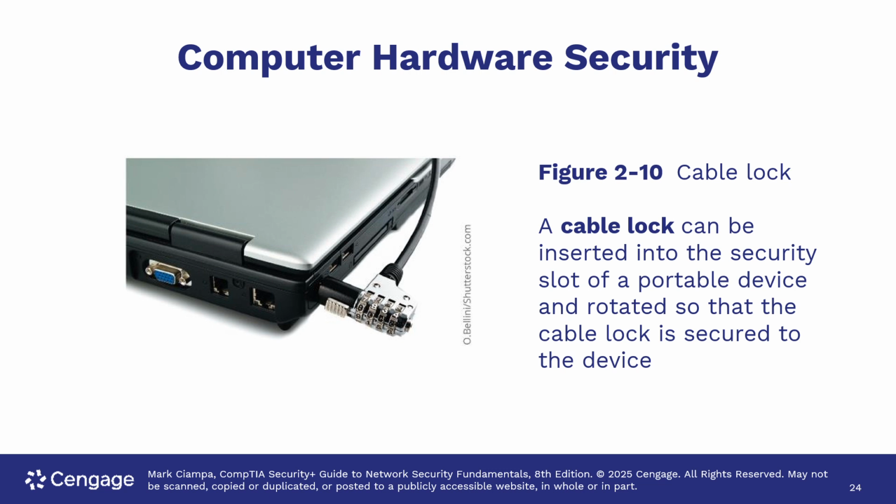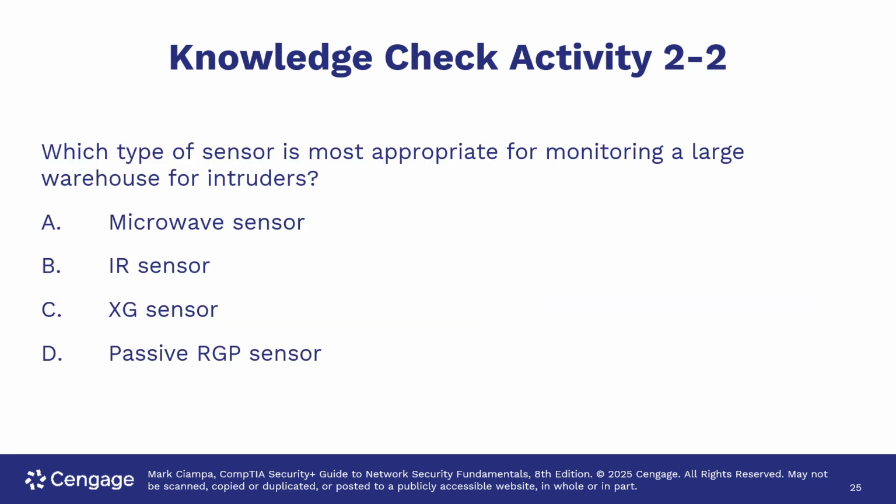So you can see here, this laptop has a cable lock, inserted in there, and when you set the combination, it prevents itself from being detached from the laptop, and the other end of this cable would obviously be secured somewhere so that you can't just take the laptop and run with it.